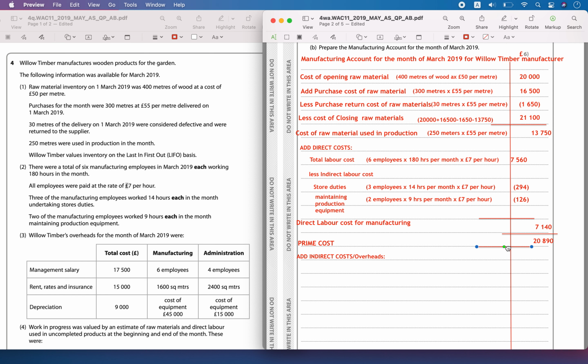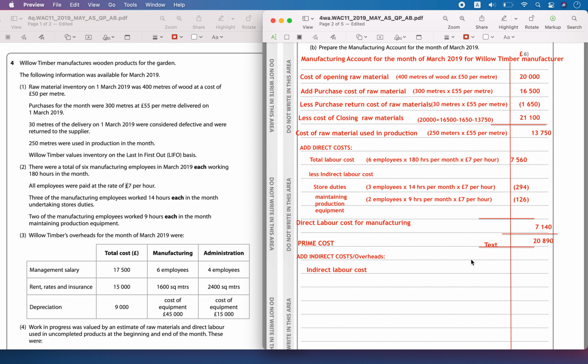Next, we have to include the indirect cost or the overhead cost. Let's include the indirect labor cost first. The indirect labor costs are 294 and 126.